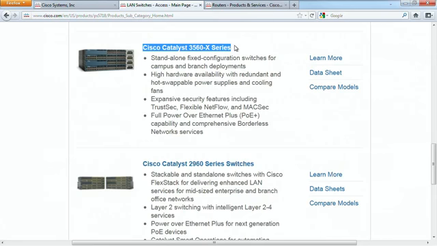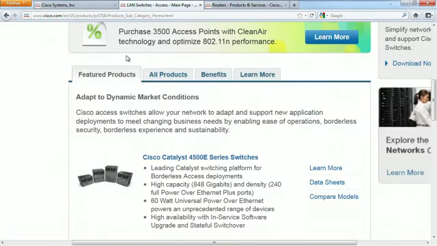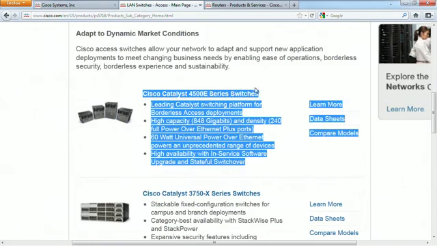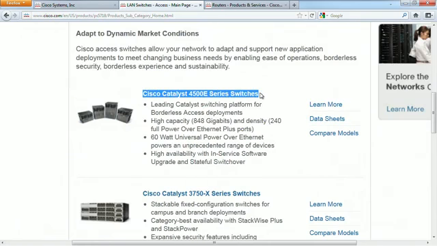Now, what's nice about a lot of the Cisco product lines, when we're looking at either the routers or the switches, regardless of how expensive the switch is or how many ports it has, what the features are that it has, they all have the same interface. So when we look at the configuration of how we build a LAN with the Catalyst 3500 series switches, if you were to do the same thing using a 4500E or a 6500, the configuration is going to be the same.